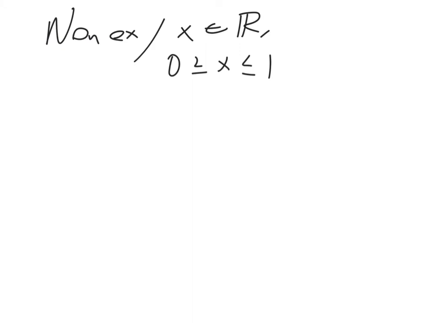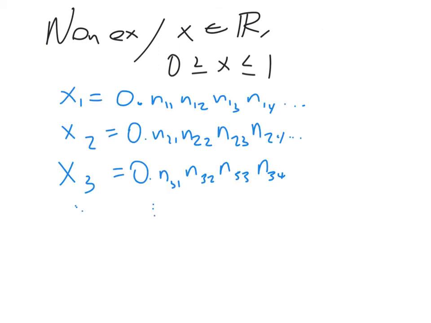Now for a non-example, I'm going to argue that the numbers on the number line between 0 and 1, the real numbers in that set, are uncountable, and so I need to find some contradiction with these numbers being countable.